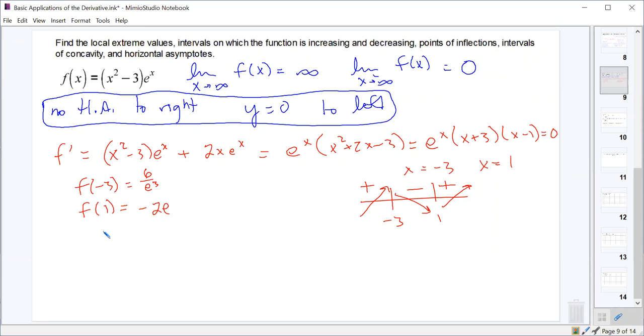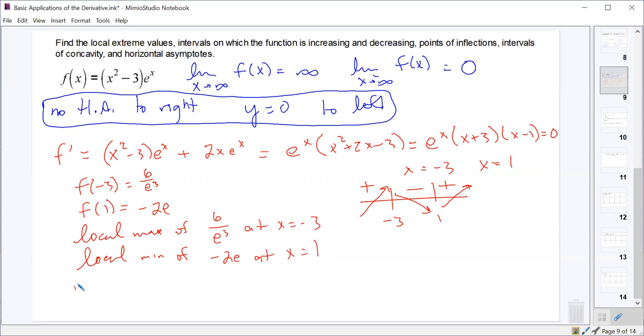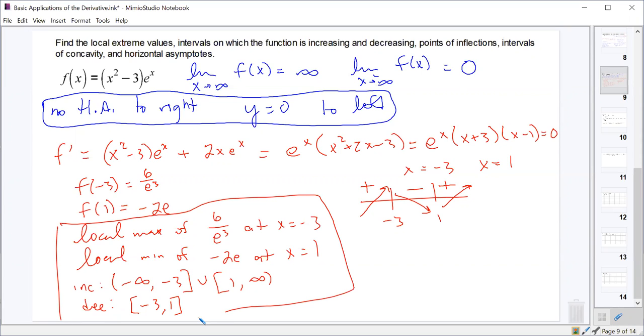So we have a local max of 6 over e cubed at x equals negative 3, and we have a local min of negative 2e at x equals 1. We are increasing from negative infinity to negative 3 and from 1 to infinity, and we are decreasing from negative 3 to 1. Everybody good with all of that?